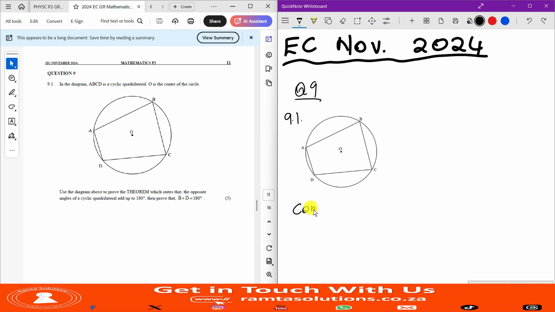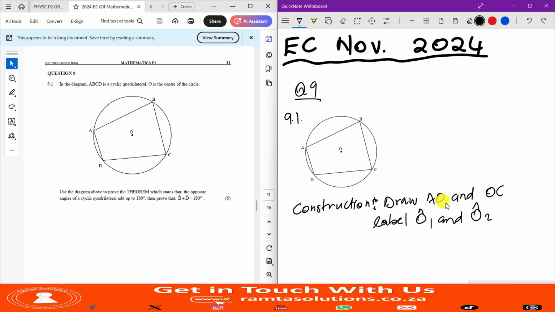You begin with a construction. With the construction, you are going to draw AO and OC. Then please label angle O1 and angle O2.